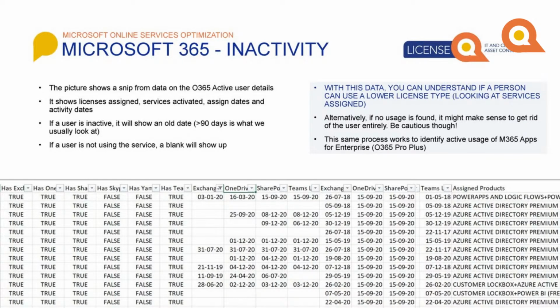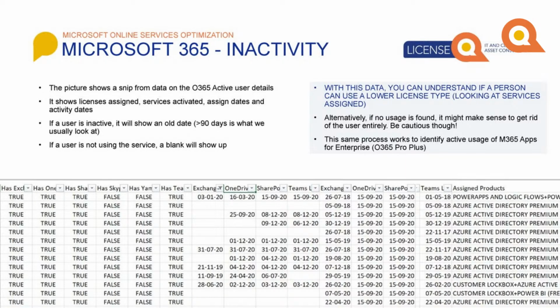Or it might be that it's just been forgotten and never activated, and that user has been created but never started using it. Or a final example might be that this user has gotten all these licenses but isn't using the cloud services, but is using their on-premise counterparts and is only licensing these services to be able to access the on-premise environments, and not using cloud services.